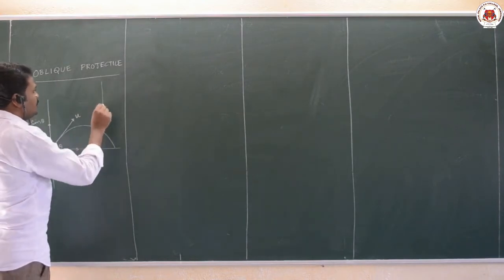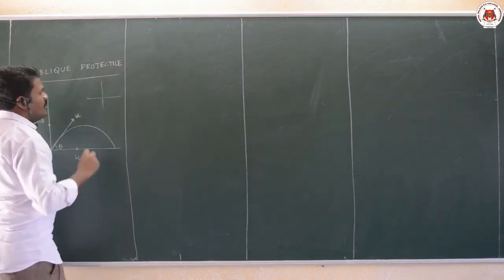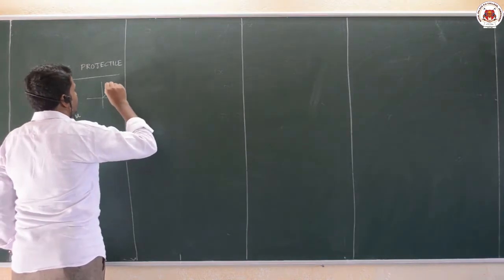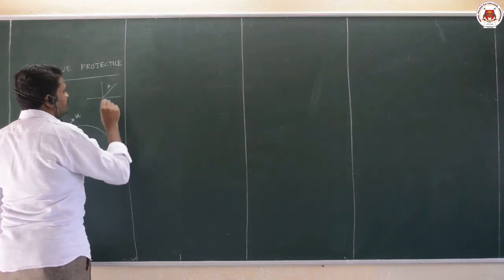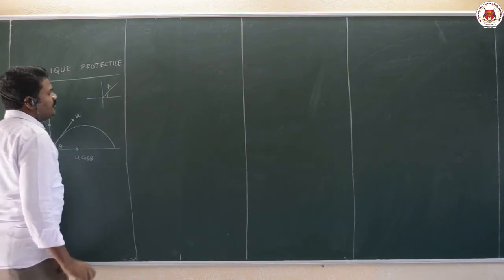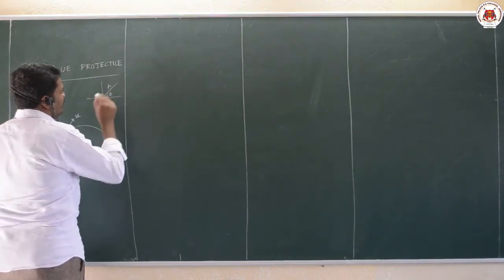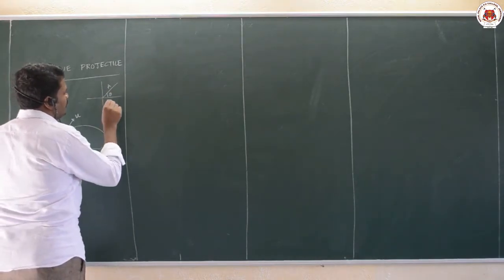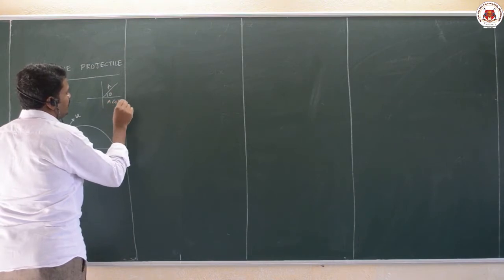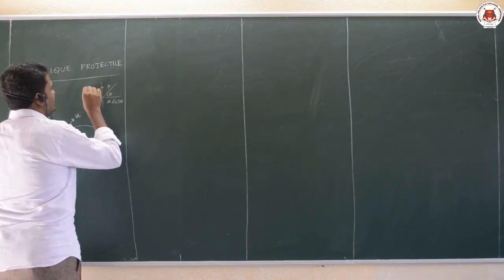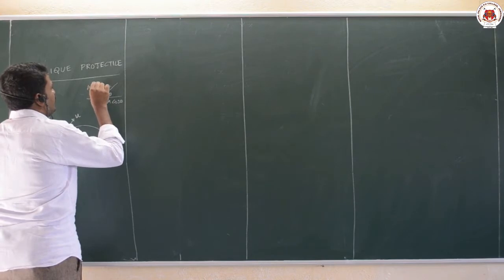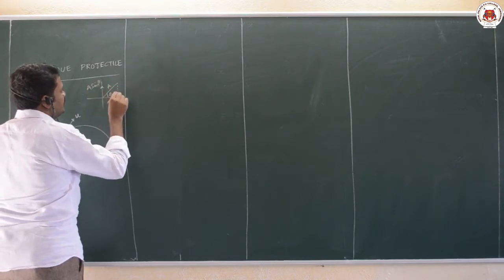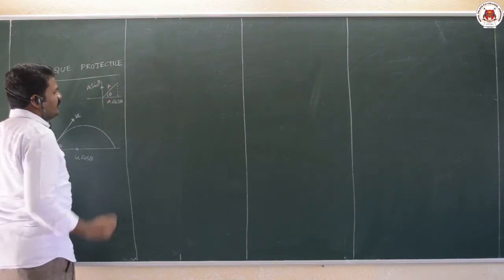If a vector A bar having magnitude A is present in a plane, along x axis it will be A cos theta, along y axis it will be A sin theta. How will you get this? You can draw one line here.